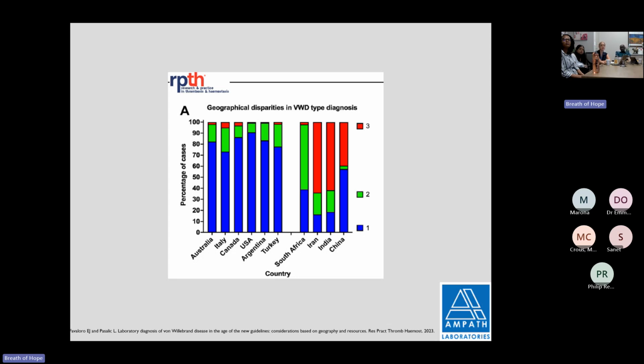Also interesting, in Iran and India, type 3, which is supposed to be very rare, is also quite increasing. So maybe they were misdiagnosing these patients because of the hospital care or the medical facilities in those areas. But this just shows you there's a lot of advance and research available in von Willebrand disease.